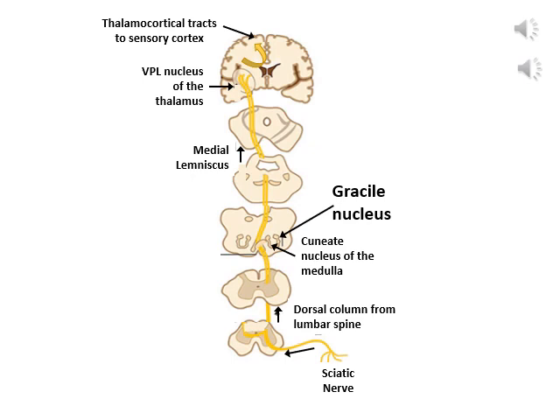Instead of synapsing at the cuneate nucleus, which was the case for the median nerve SEP, the posterior tibial nerve SEP synapses at the gracile nucleus before crossing over and continuing up the medial lemniscus to the thalamus and eventually to the sensory cortex.